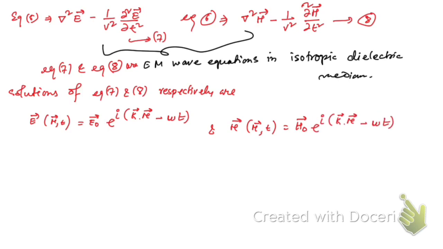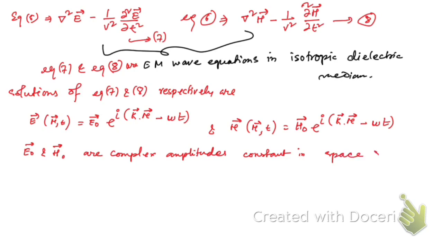So here this E naught and H naught are complex amplitudes, constant in space-time, right?